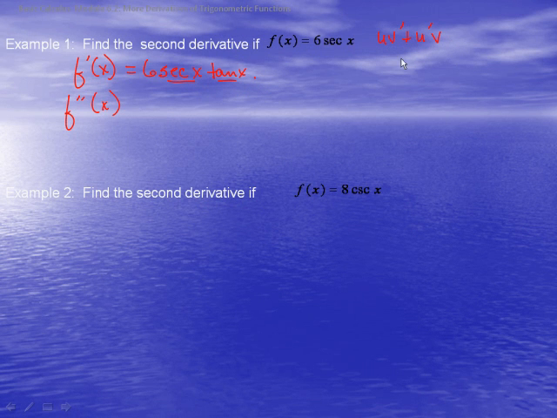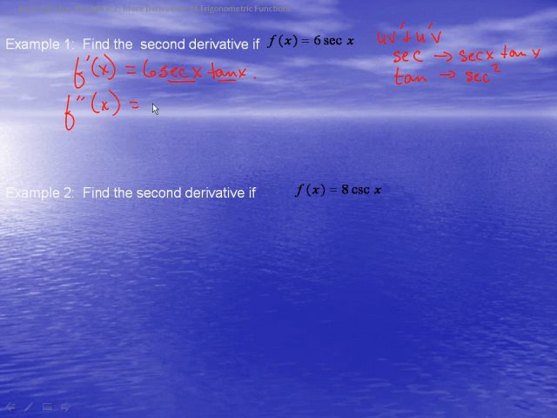And we already know that the derivative of secant gives us secant tangent, and we know that the derivative of tangent gives us secant squared. So let's go ahead and use our product rule now.